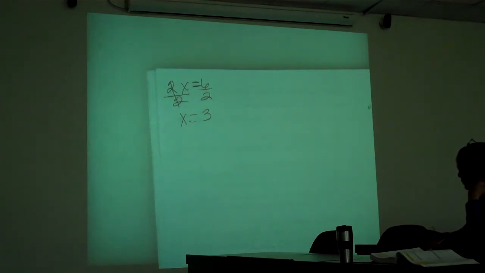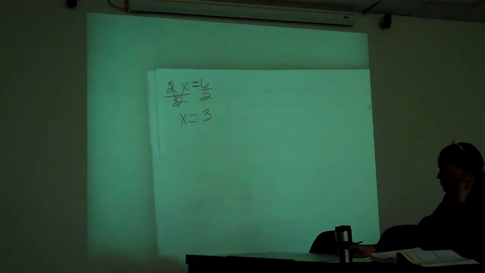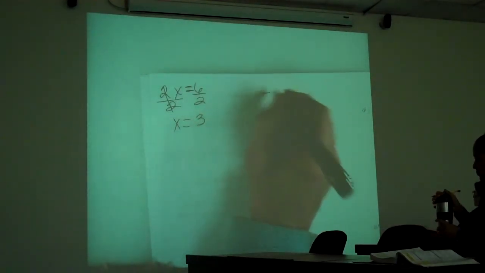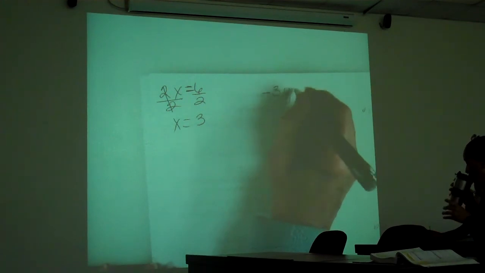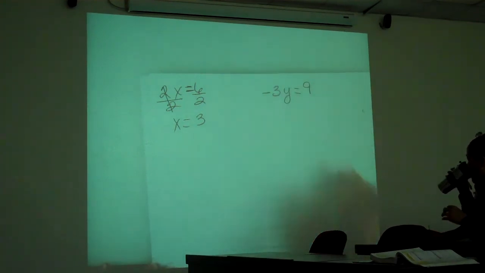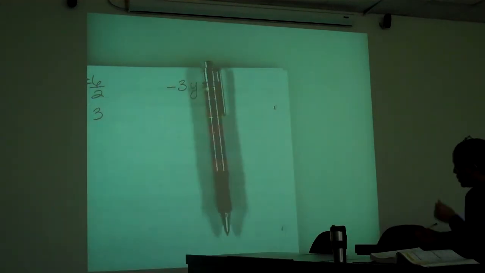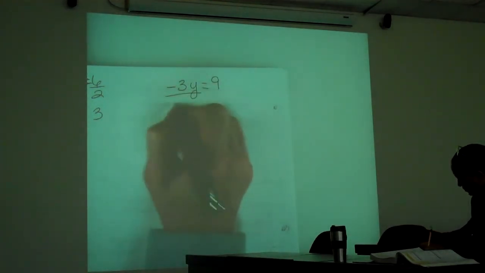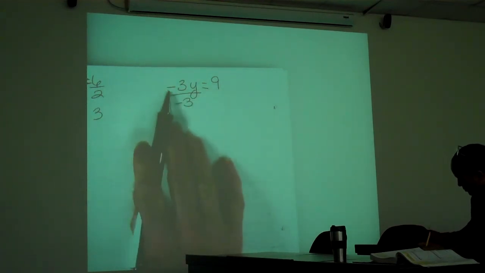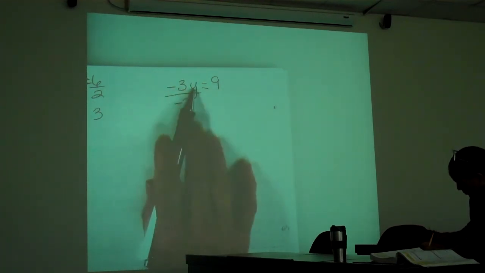So x equals 6 divided by 2 is 3. Okay, what if it had a negative 3? -3y equals 9. This is multiplied by -3. Divide by negative 3. Don't think of this as subtracting because this is multiplied here.